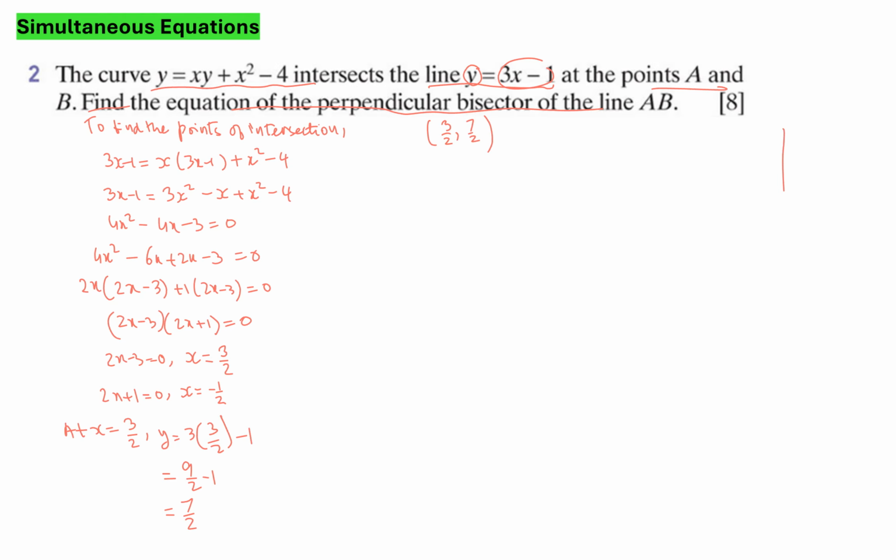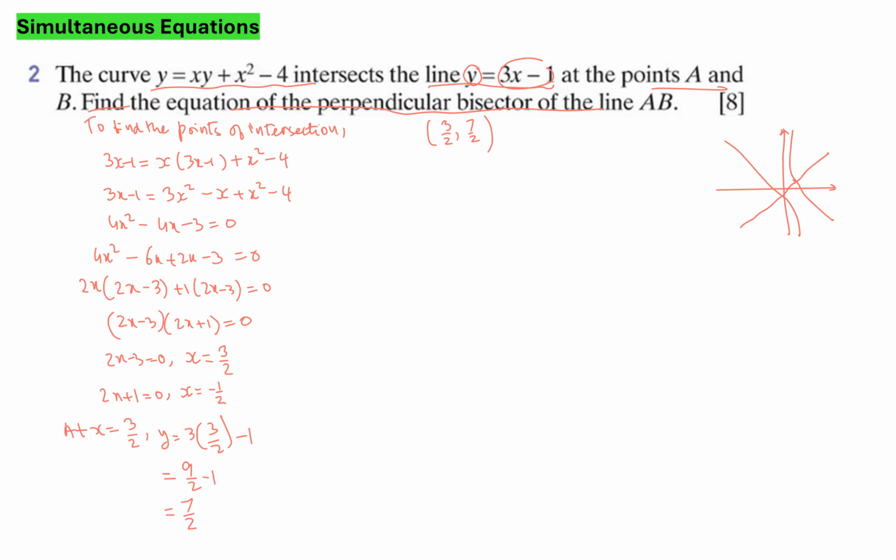So if I had axes, the graph would look somewhat like this, and the line would pass somewhere there.